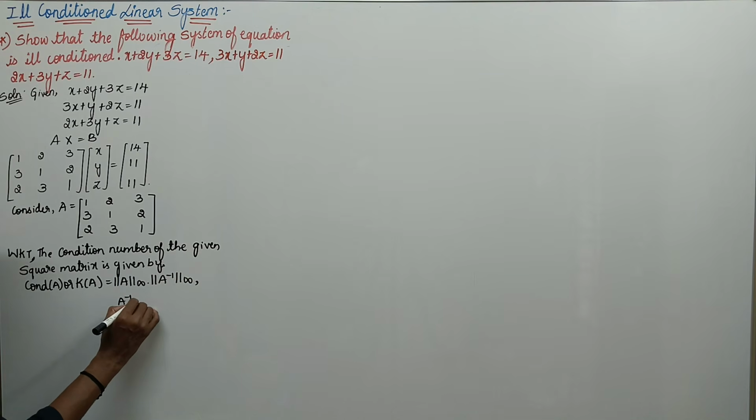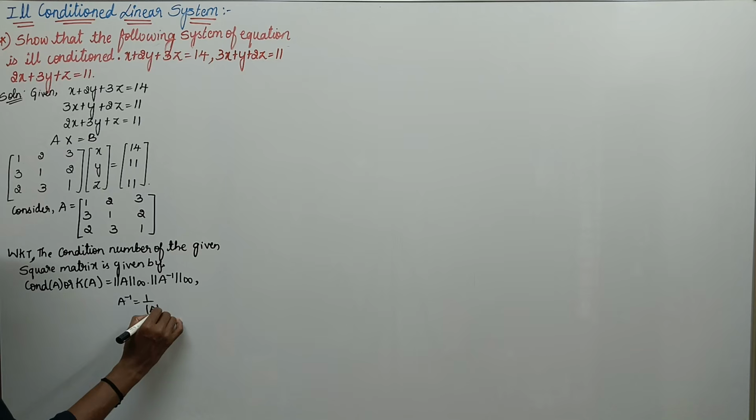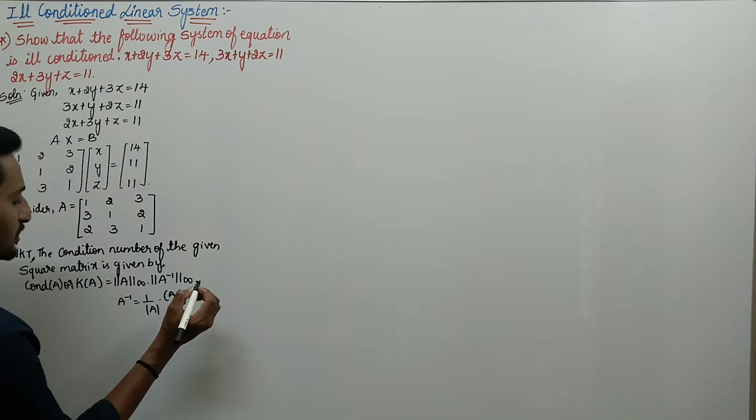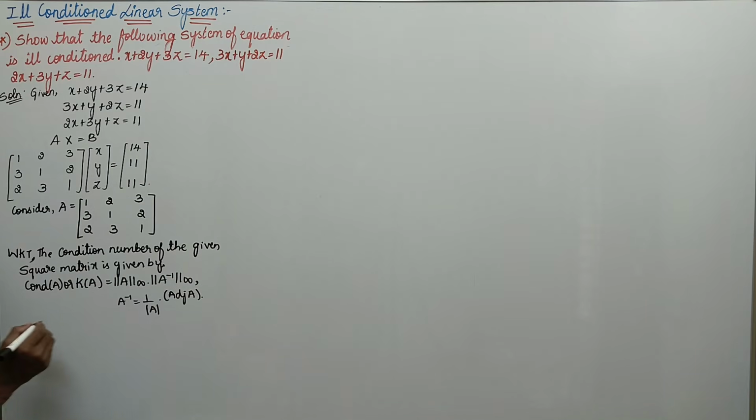A inverse you can represent as 1 by determinant of A into adjoint A. Now let us find determinant of A. Determinant of A is equal to determinant of 1, 2, 3, 3, 1, 2, 2, 3, 1.